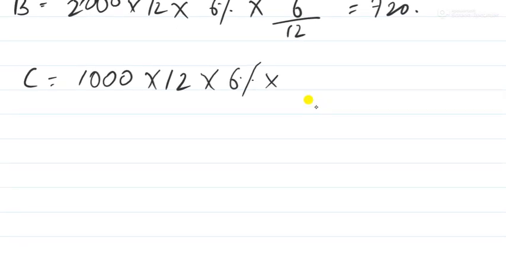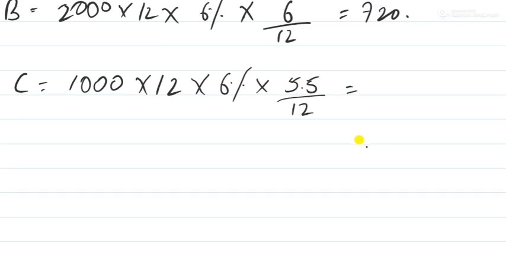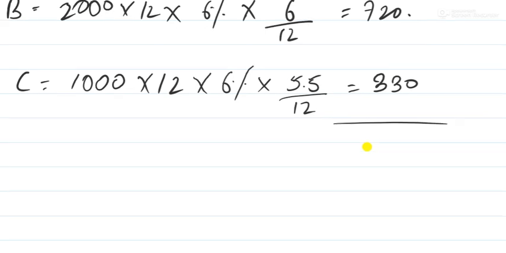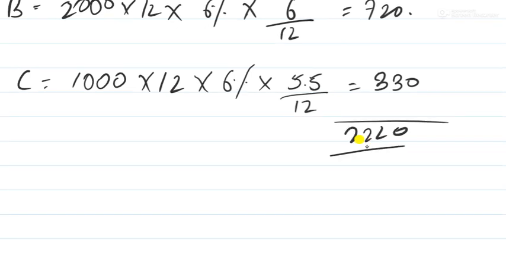C has withdrawn 1,000 per month, means 1,000 into 12 into 6% into, at the end of every month, 5.5 by 12. So 12,000 into 6% divided by 12 into 5.5. The interest on drawings is 330. So 330 plus 720 plus 1,170 is equal to 2,220.